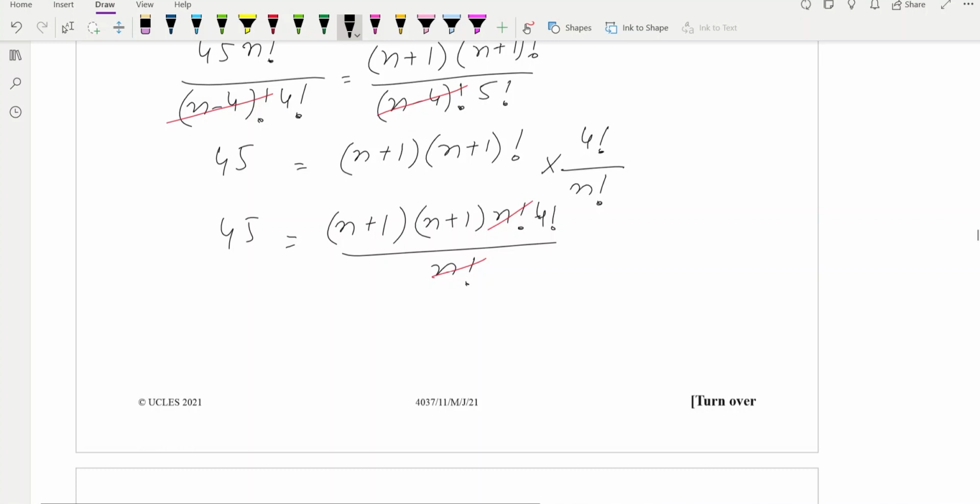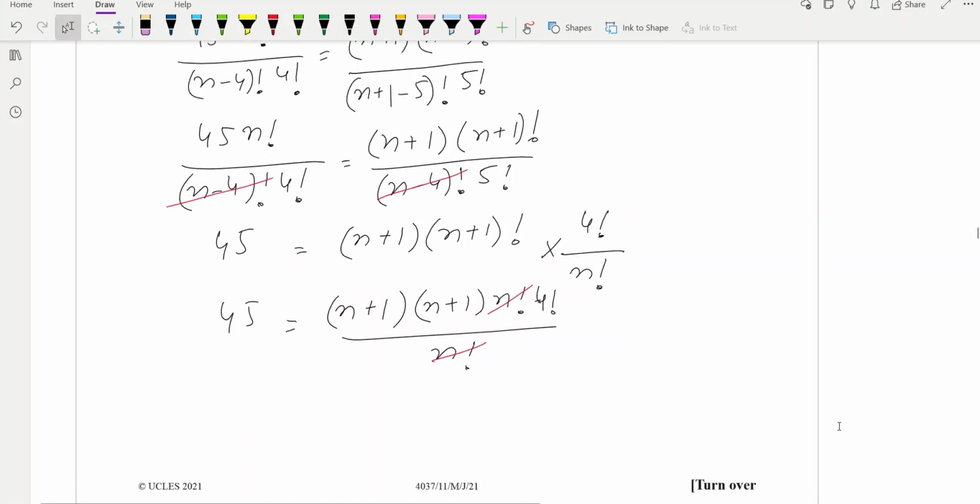4 factorial, and there was 5 factorial also which we missed, so we can write 5 factorial over here.